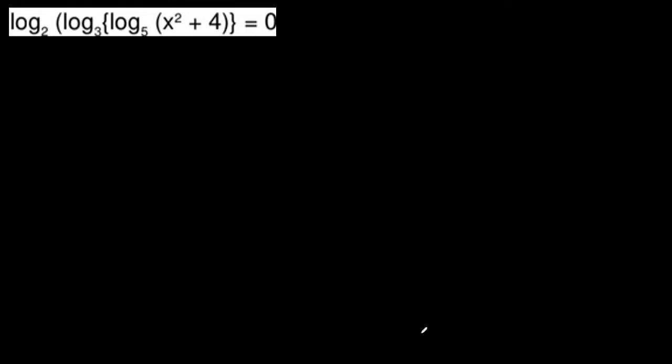Moving to the next question. This type of question we have already solved. If you check, this 2 will go here, it will become 2 to the power 0, which is 1.